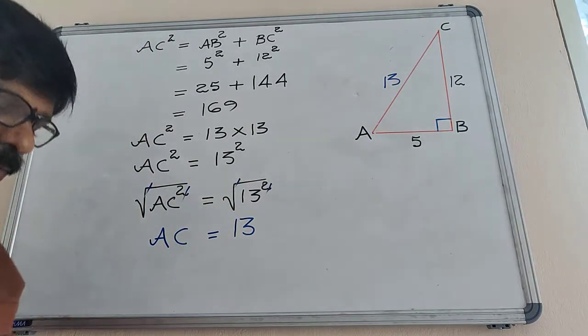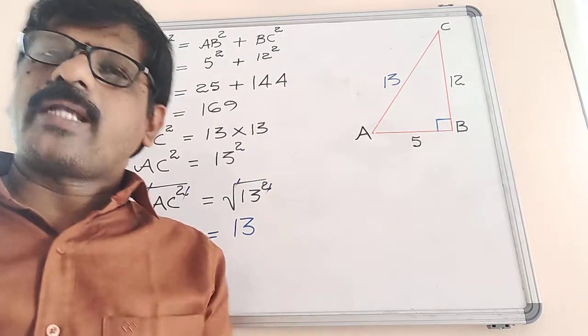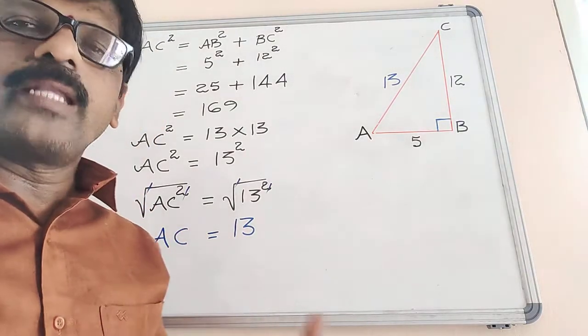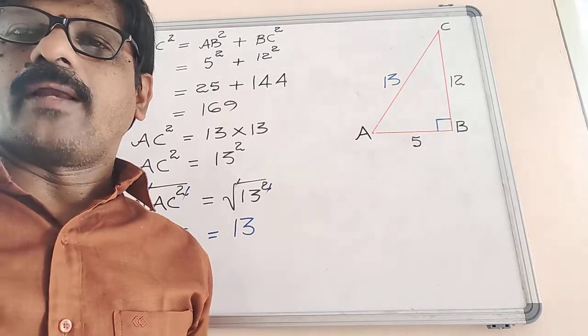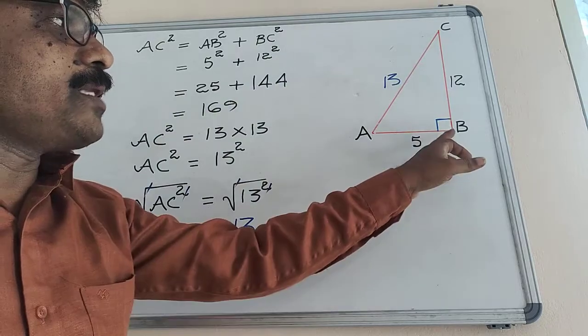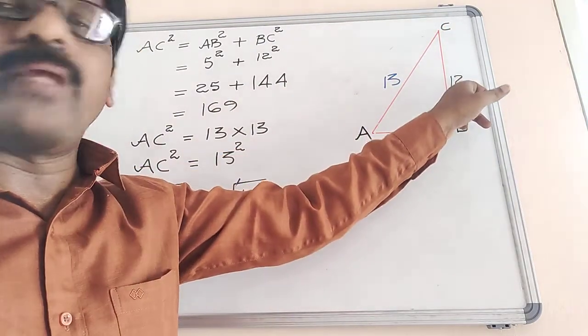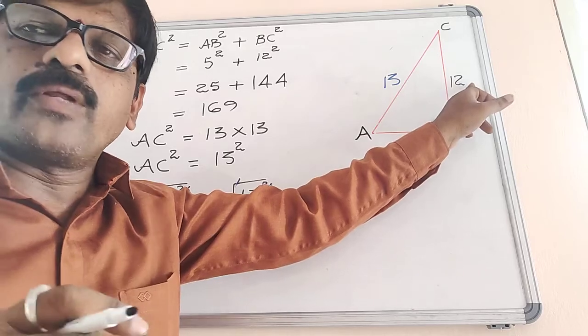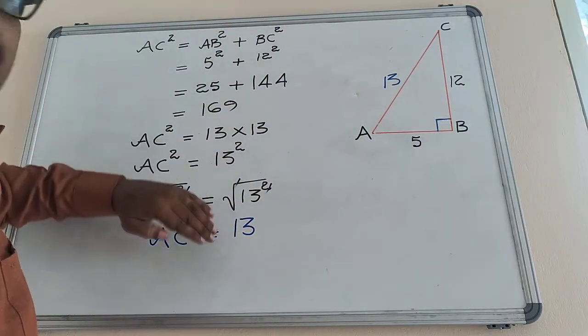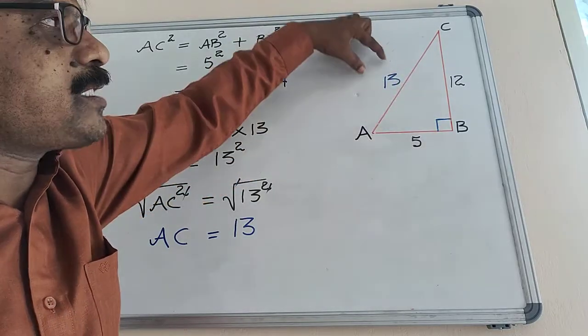For example, in a right angle triangle, if any two sides are given, then you have to find the third side. For example, hypotenuse AC is given and AB is given. Now we have to find BC. We have to apply the same process. For example, AC is 13.